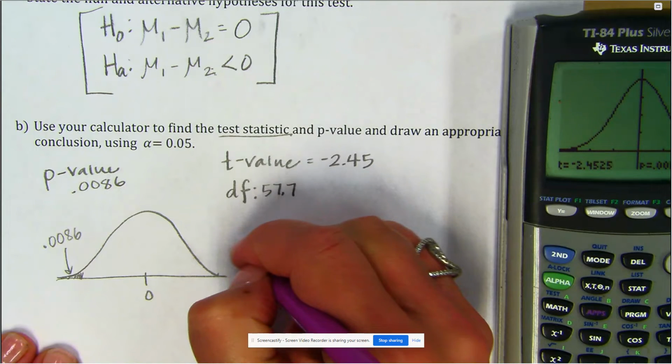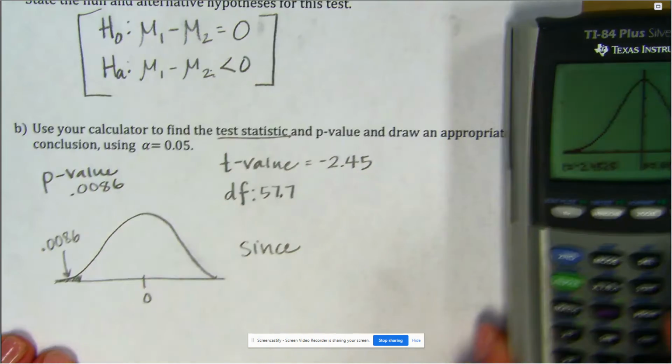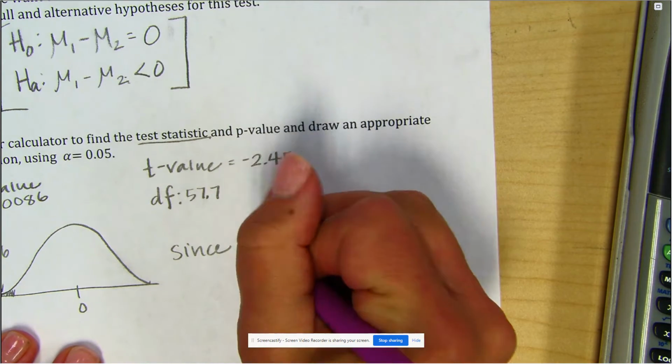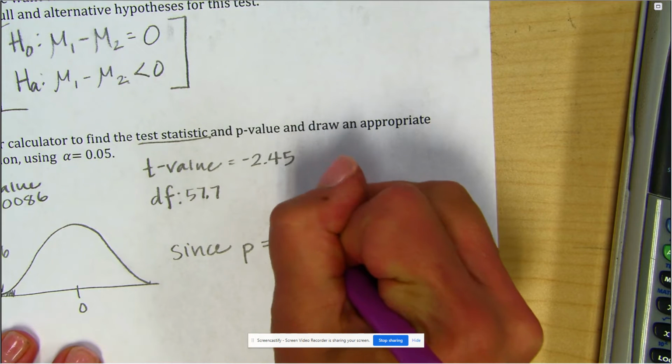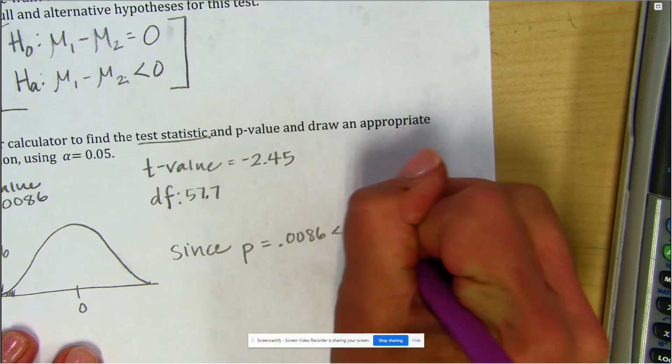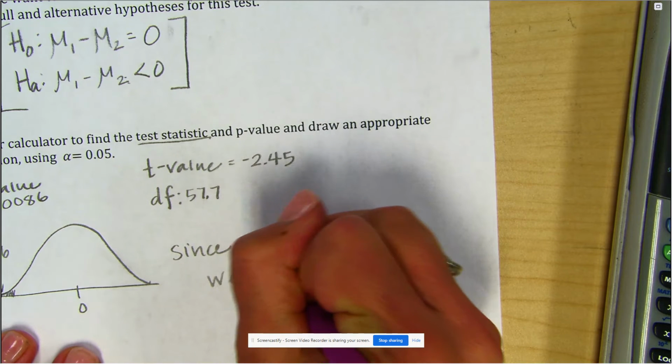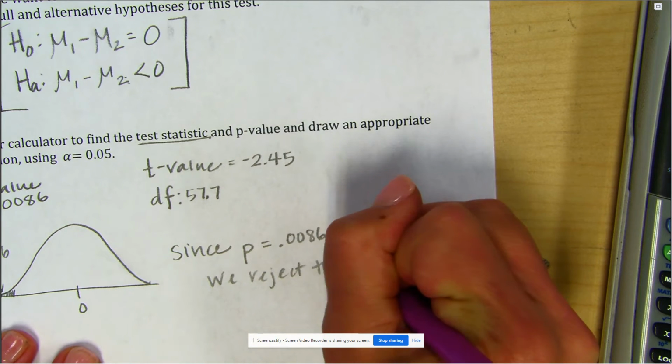So since p equals 0.0086, which is less than alpha at 0.05, we reject the null.